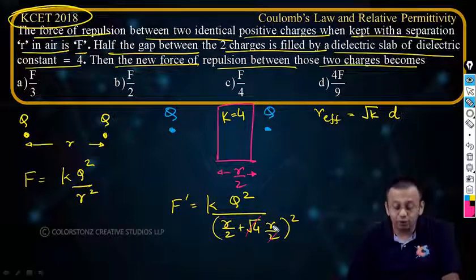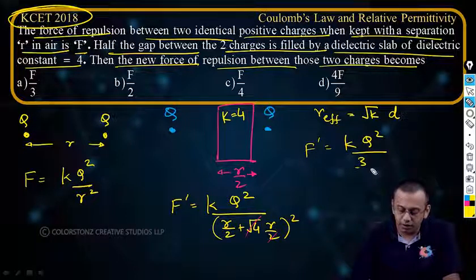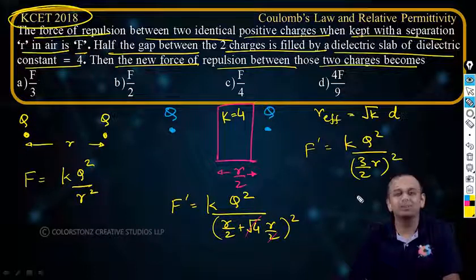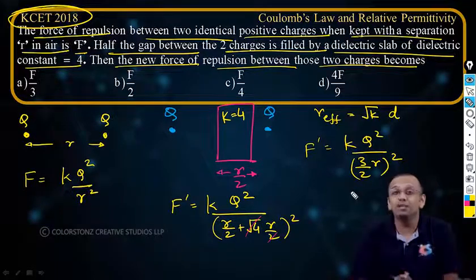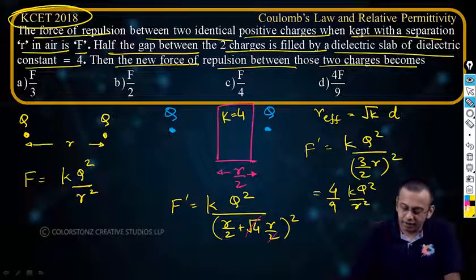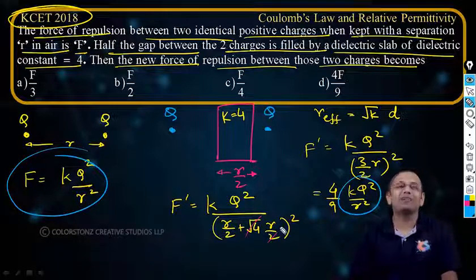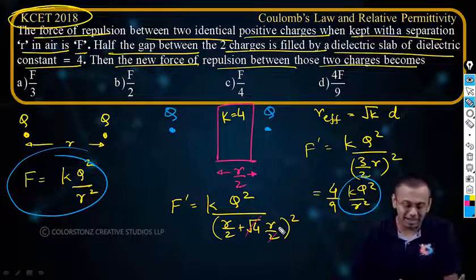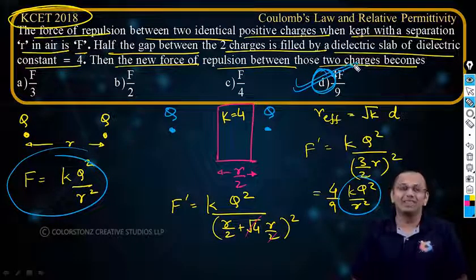So we have R by 2 plus R, which will make this F dash equal to KQ square upon 3 by 2 R whole square. 3 by 2 is in denominator, so it will actually become 2 by 3 whole square. And we'll have 4 by 9 KQ square by R square. This was nothing but the original force, F, and therefore the final force is becoming 4 by 9 times of that, which is option D, and that will be the correct answer.